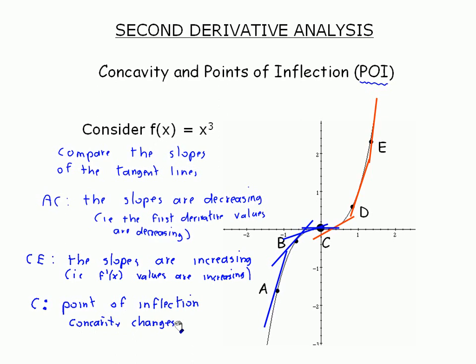And then concavity, what does this mean? Well, we would say in the interval AC that this graph is concave down. And concave down, often just CD. And then in the interval CE, and actually beyond, we would describe this as concave up.